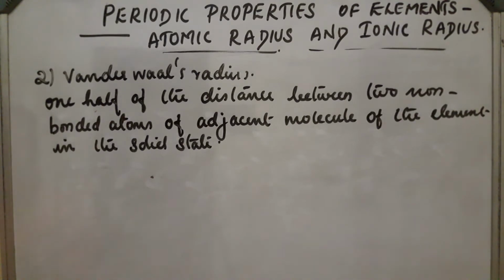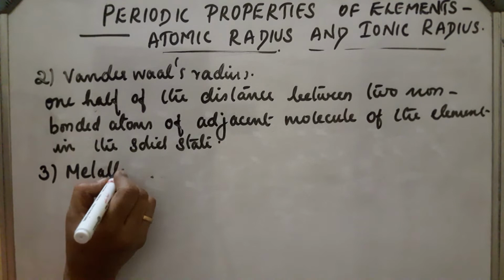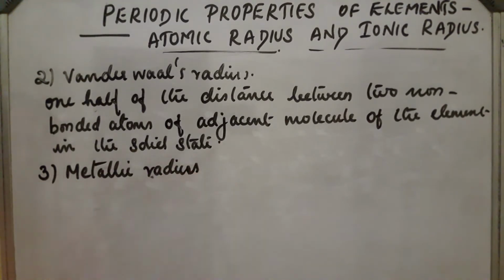Now the third one is metallic radius. Metallic radius is one half of the distance between two adjacent atoms in the metallic lattice. In the case of metals, we take the metallic radius.